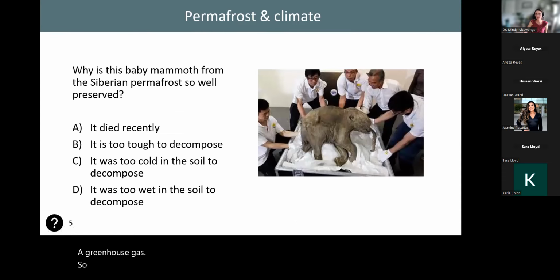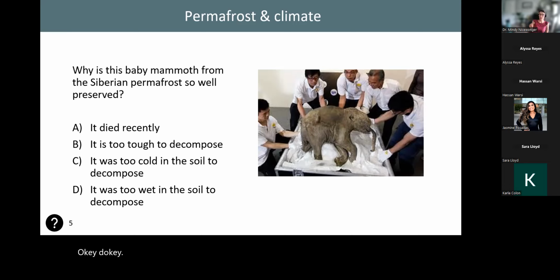So recently, this little baby mammoth was found in the Siberian permafrost. Why is it so well preserved? Okie dokie.